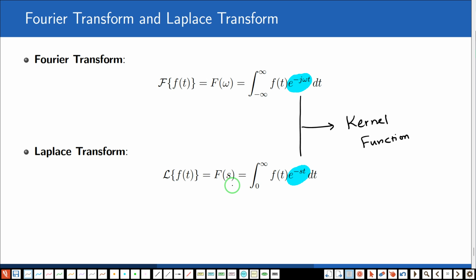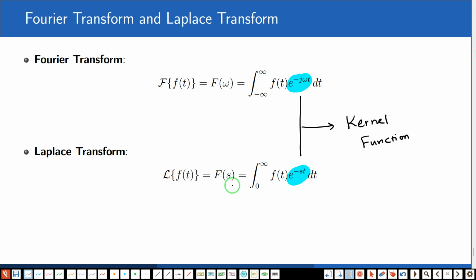But the Fourier transform only considers the oscillation components, while for the Laplace transform, oscillation and decay or growth are also considered. But the logic is the same.